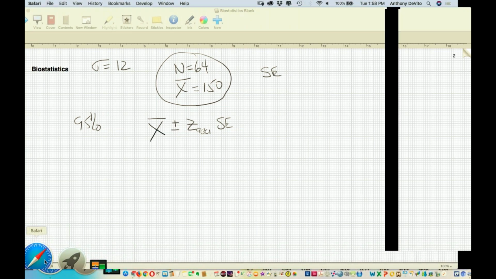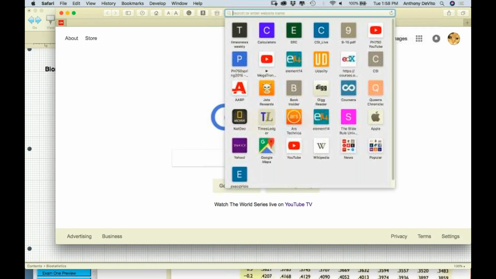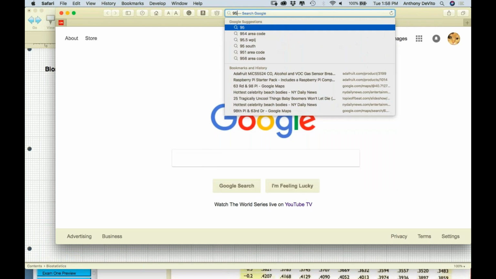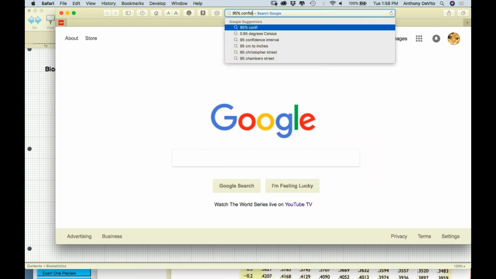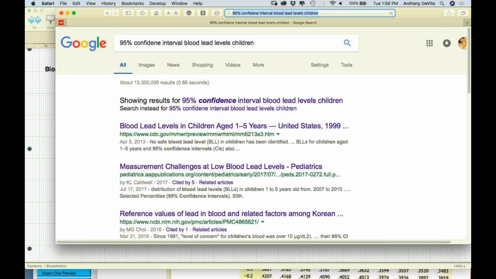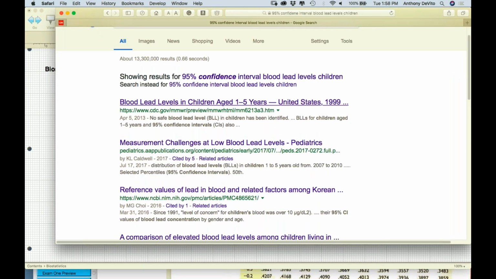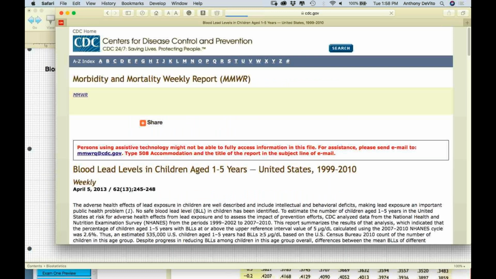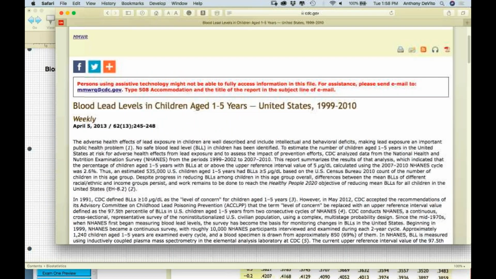Well, you guys are working on that. Let me see if I can find something real quick. While you're working on that, let's take a look at this study.